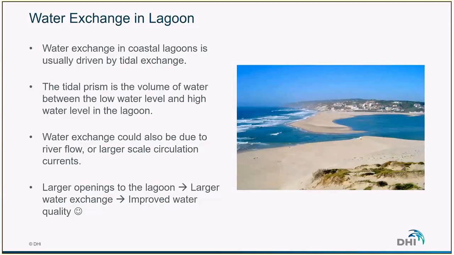We want a sufficiently large opening so that a lot of water gets in, but we don't want it too open because we want to maintain a relatively calm environment. Once again, it's a matter of finding the right balance, but in general, when we have large openings, we have better water exchange and therefore improved water quality, which is much better when we want to swim or do water sports or other activities in the lagoon.